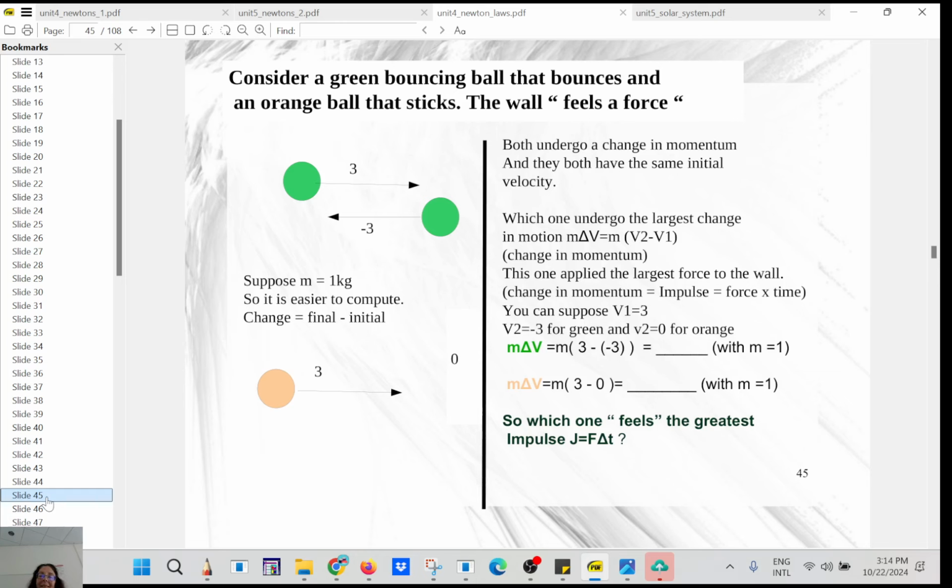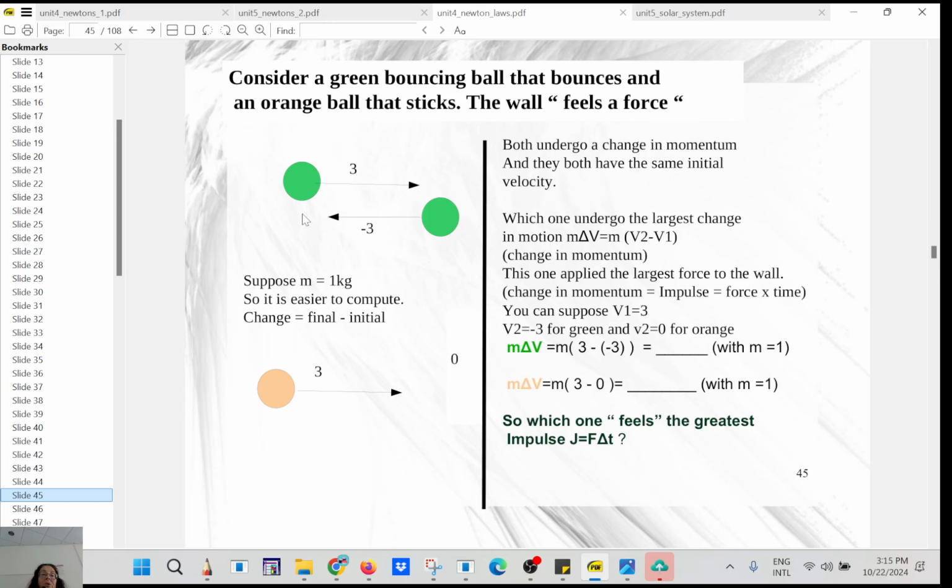Okay, if I ask you, let's say you have a bouncing ball, and both have the same mass, 1 kilogram. One is bouncing off, and one just crashes on the wall, like a tomato. Tomatoes don't bounce off. If you throw a tomato at someone you don't like, it doesn't bounce off, right? Same mass, this one bouncing off, this one doesn't bounce. Can you find the impulse in each case?